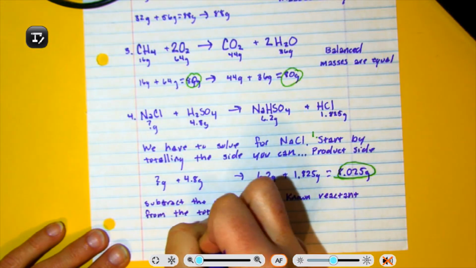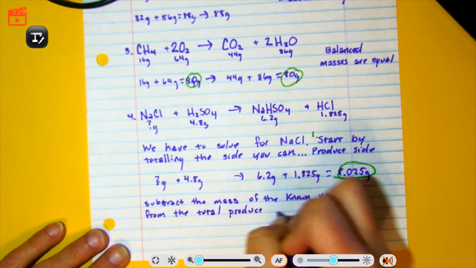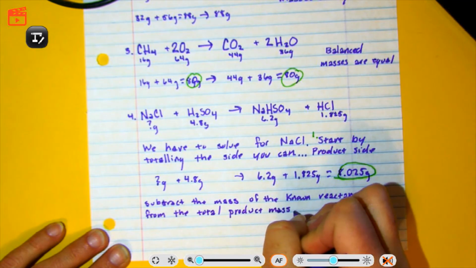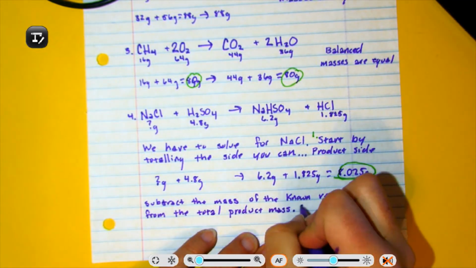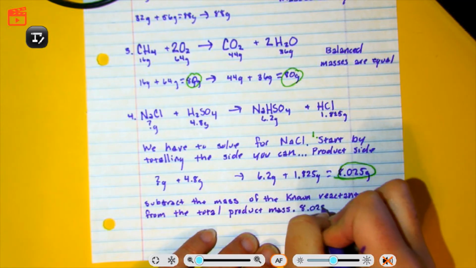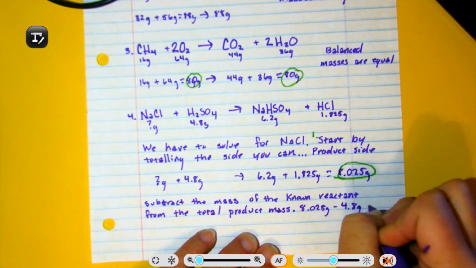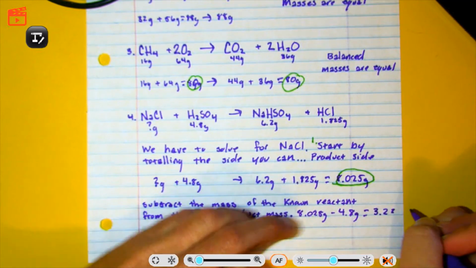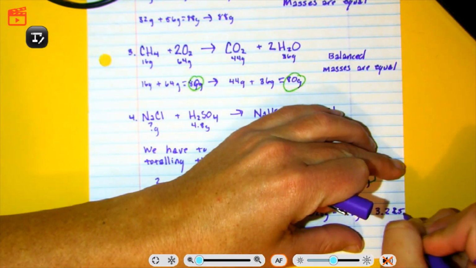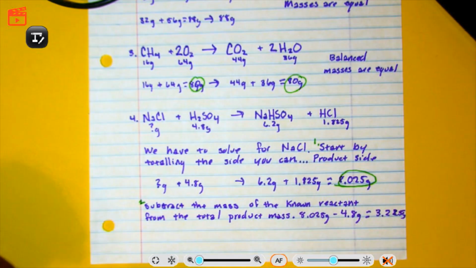Okay, and when we do that, we have 8.025 grams minus 4.8 grams equals 3.225 grams. All right, so that was step 2.